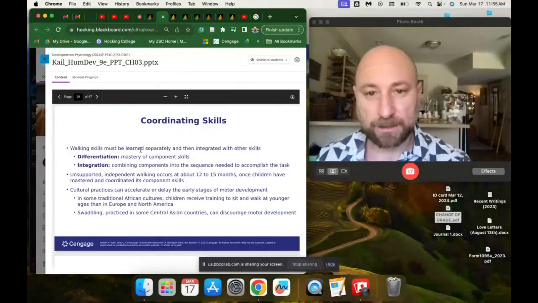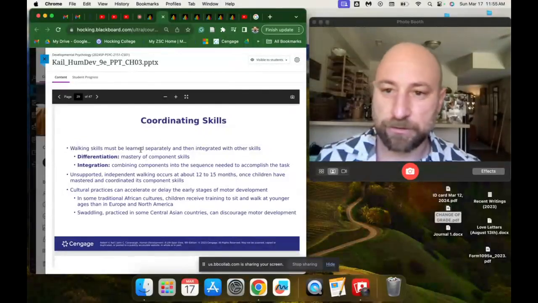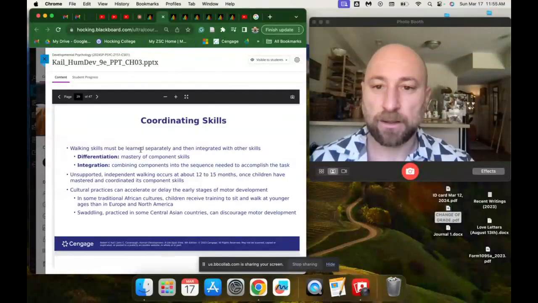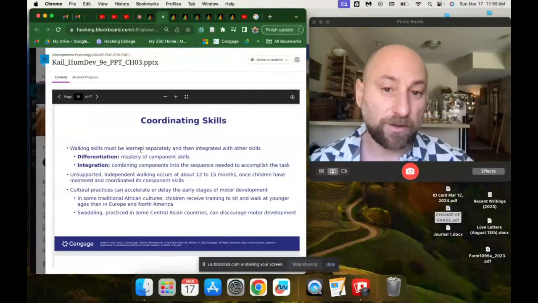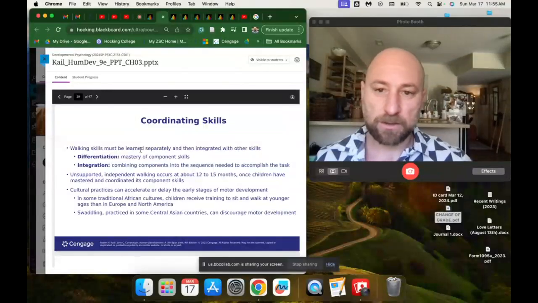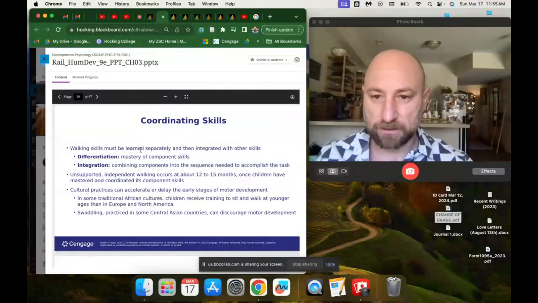Walking skills must be learned separately and then integrated with other skills. Differentiation and integration are two parts of this. Mastery of component skills is differentiation. Combining components into the sequence needed to accomplish a task is called integration. Unsupported, independent walking usually occurs between 12 and 15 months.